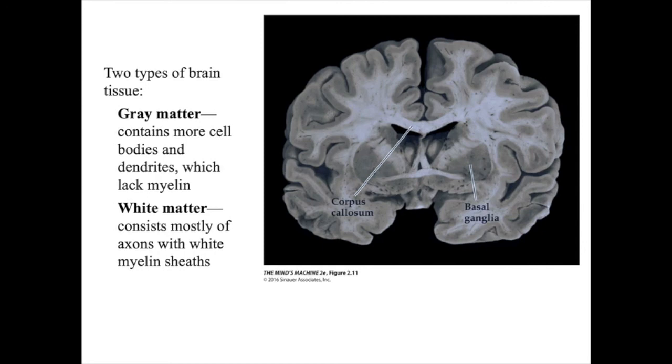So the telencephalon also has gray matter inside, which are the basal ganglia, named there. The picture also labels the corpus callosum, which we'll study in a little bit. But it basically is an interconnection between the left and the right hemisphere. So it interconnects left with right.